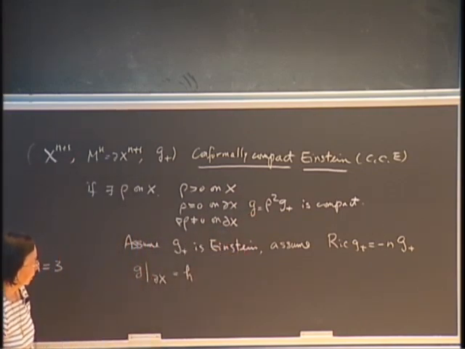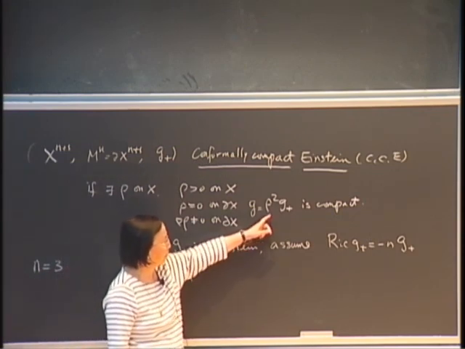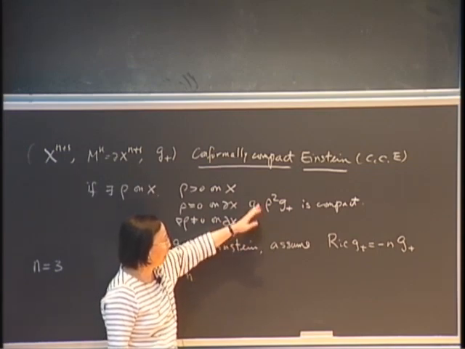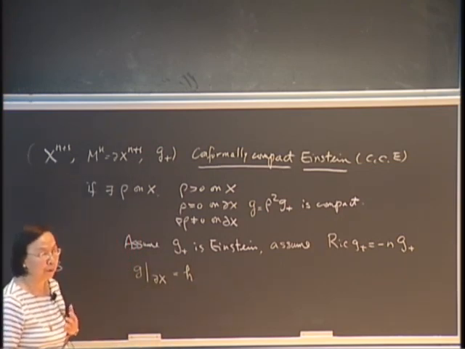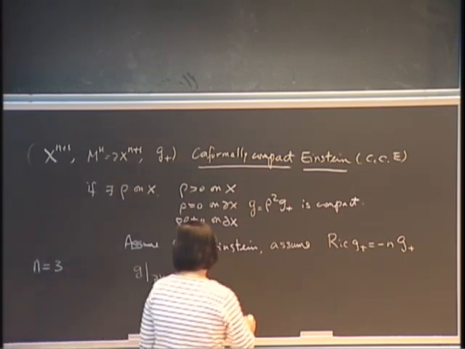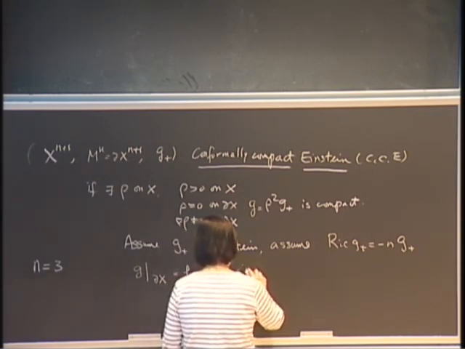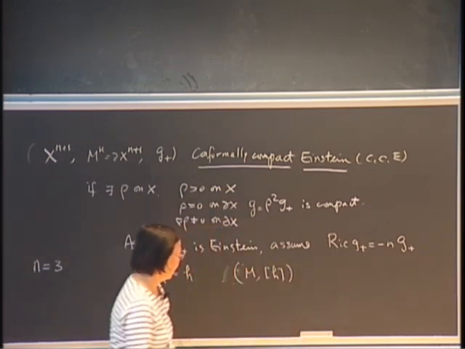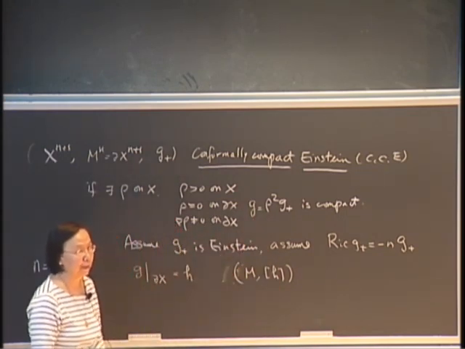So this problem is modulo conformal class in the sense that, of course, I can choose another defining function so that there's another G hat which is also compact. So the question is only well-posed modulo conformal class. So in that sense, the boundary metric is defined on the conformal class of H. Because for the conformal class of H, I can use another defining function. I still have such a setting.